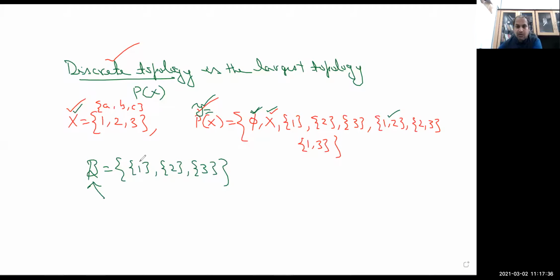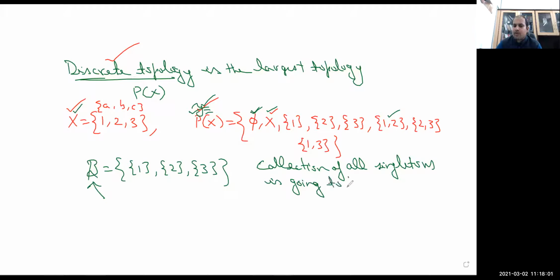What is written there is that the collection of all singletons is going to form a basis for the discrete topology. Let me write it here: the collection of all singletons is going to form a basis for the discrete topology. This is written there.